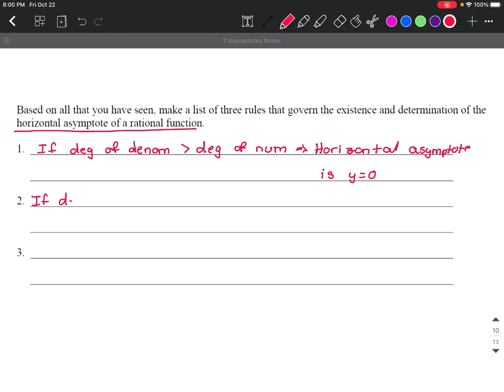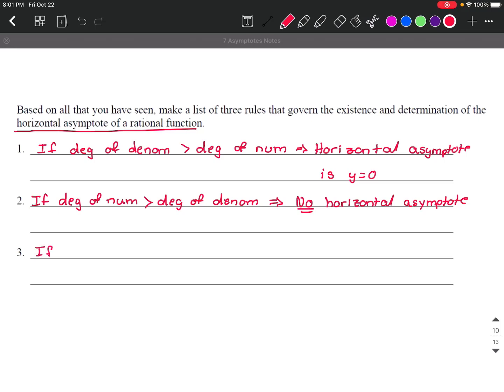If the degree of the numerator is bigger than the degree of the denominator, 10 over 1, 100 over 2, 1,000 over 3, there is no horizontal asymptote. That graph is either increasing or decreasing without bound.